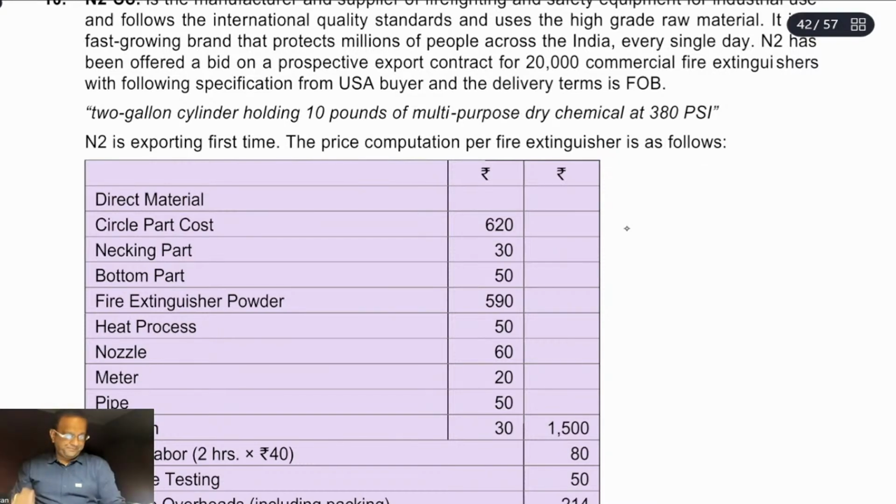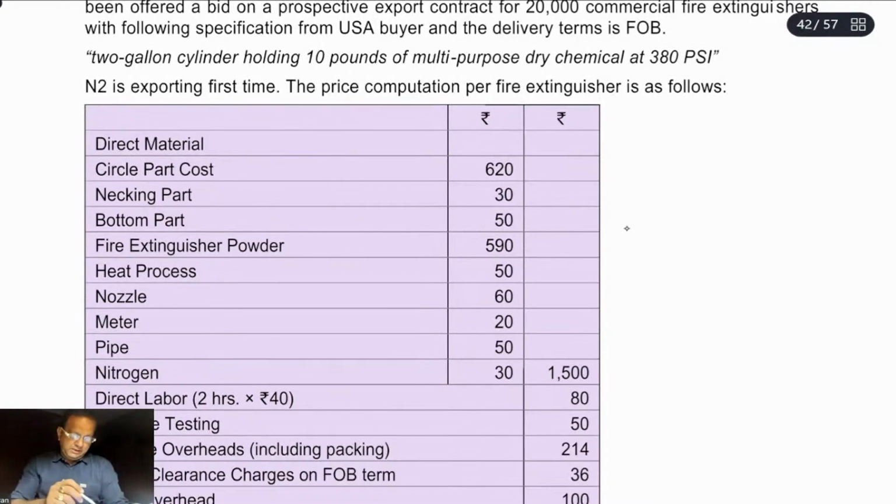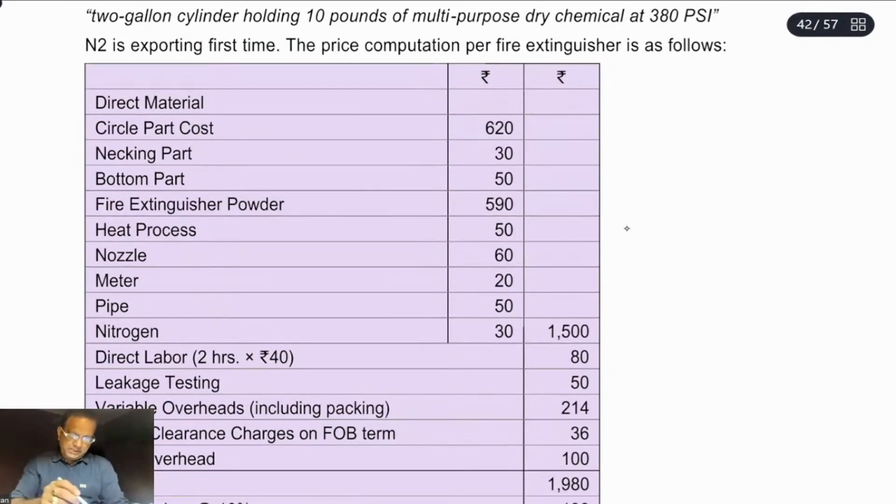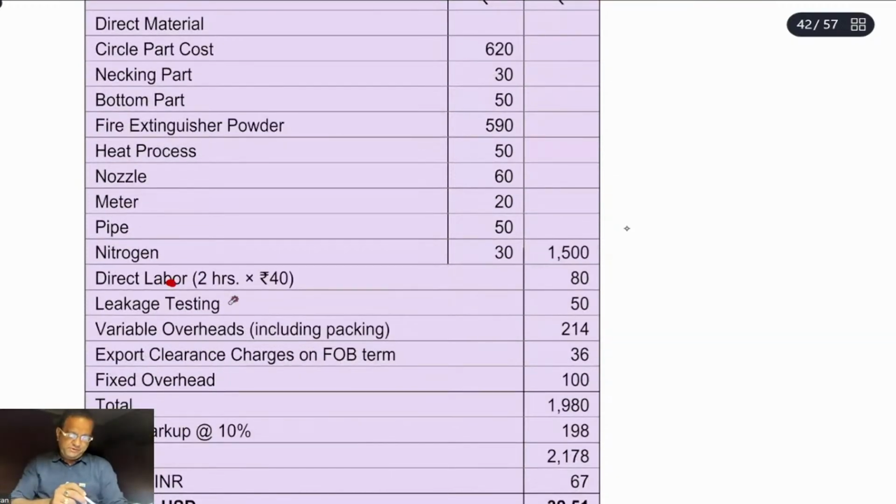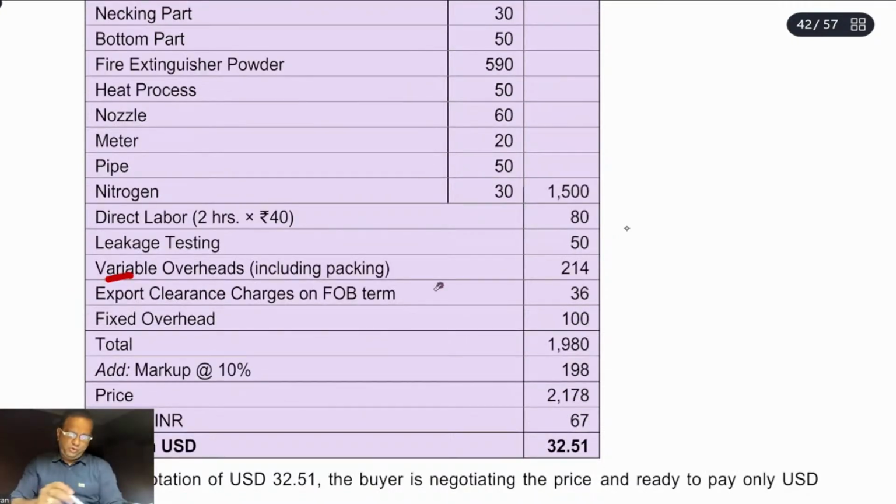Direct material is given. There are lots of direct materials, and the total of all such direct material is 1,500 rupees. Direct labor is 2 hours multiplied by 40 rupees. Then testing cost, variable overhead including packaging, export clearance charges since the delivery term is FOB, and fixed overhead are given, totaling 1980.